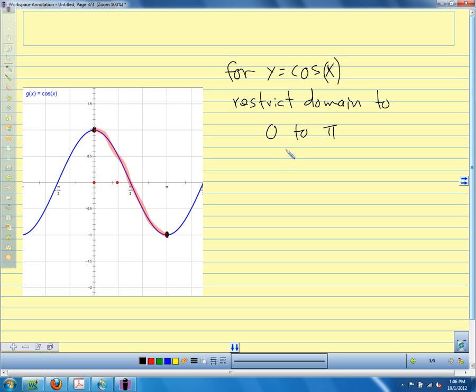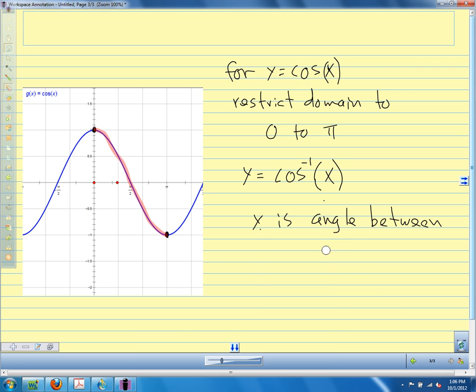So we can define an inverse function. And we say that y equals the inverse cosine of x. And the way we can think about this is y is an angle between 0 and pi.